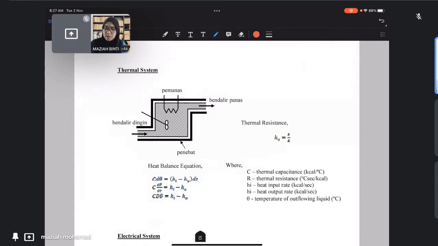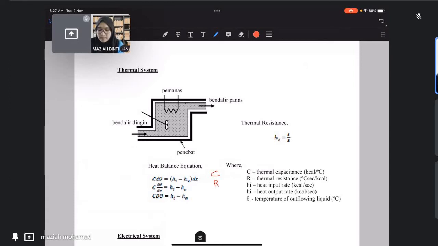In thermal system we have thermal capacity C, as compared to the liquid level system, where we also have C, which is the liquid capacitance. Here we have thermal resistance R. In liquid level, we also have R, which is the liquid resistance.